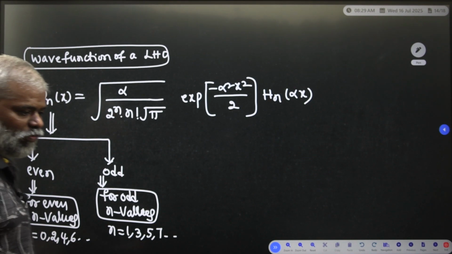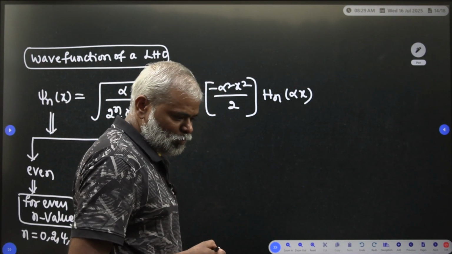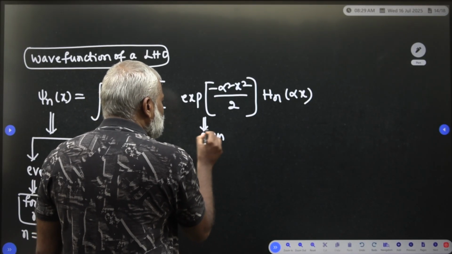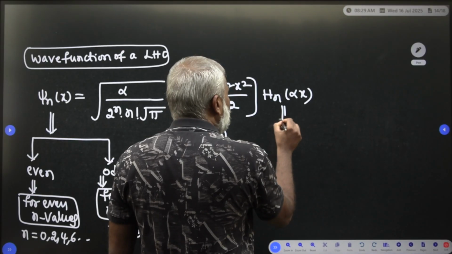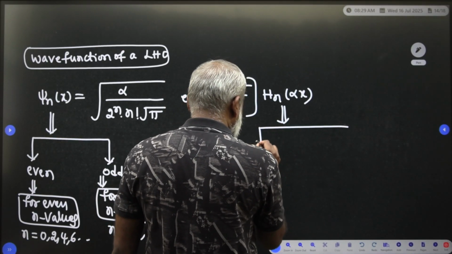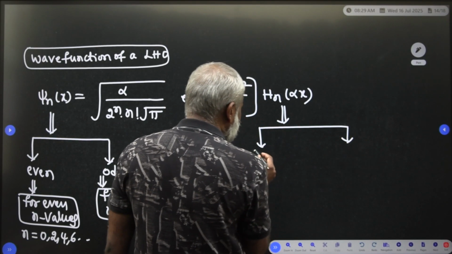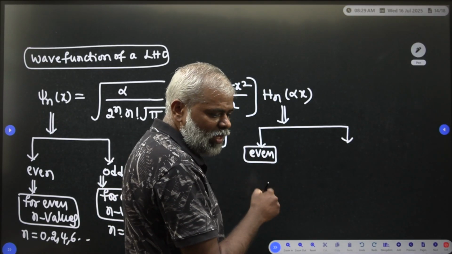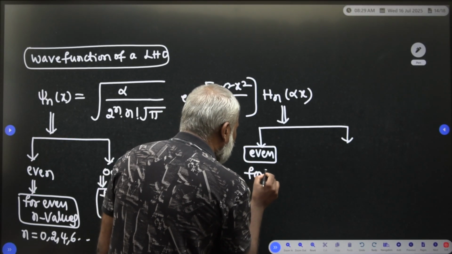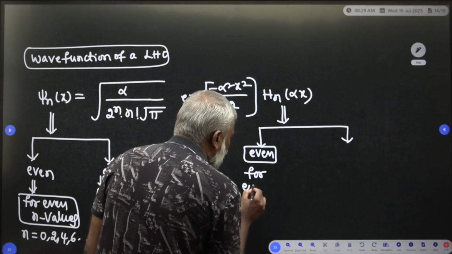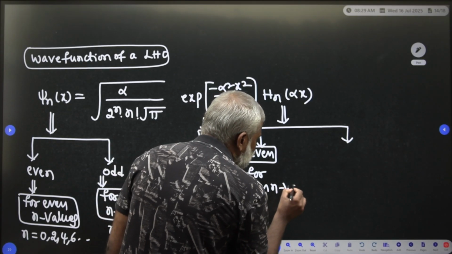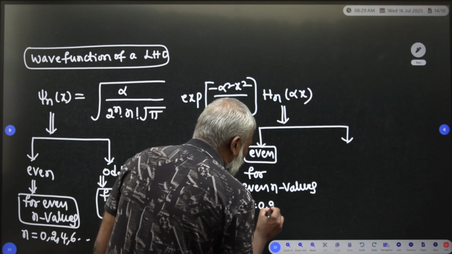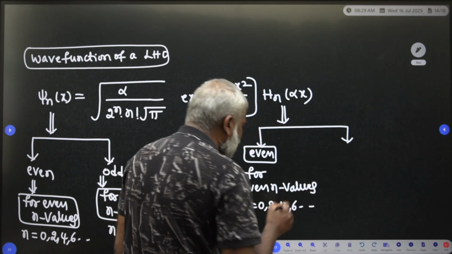The exponential function is an even function only. Here Hn of x is changing: Hn of x is even for even n values, that is n equal to 0, 2, 4, 6 and so on.